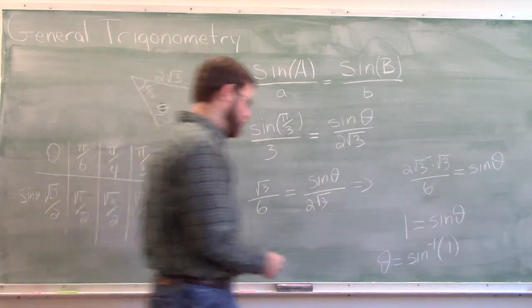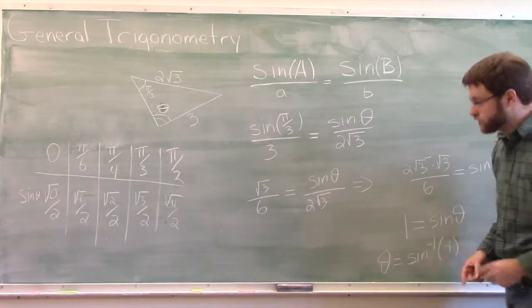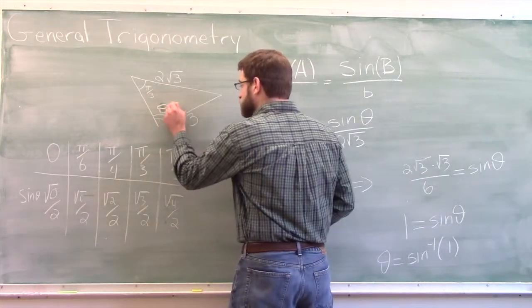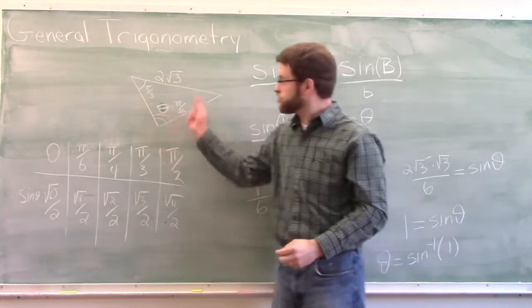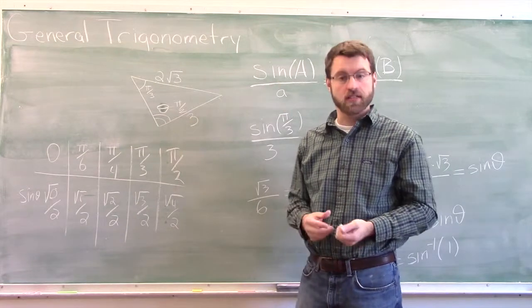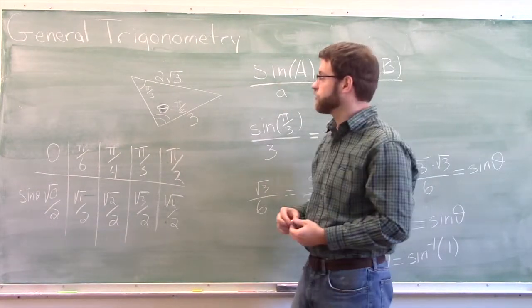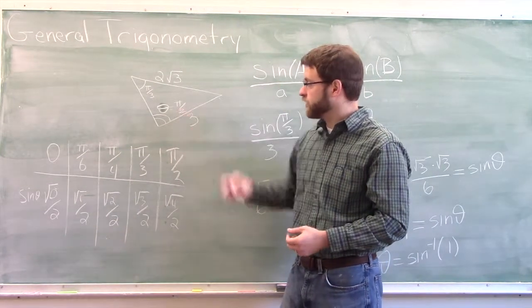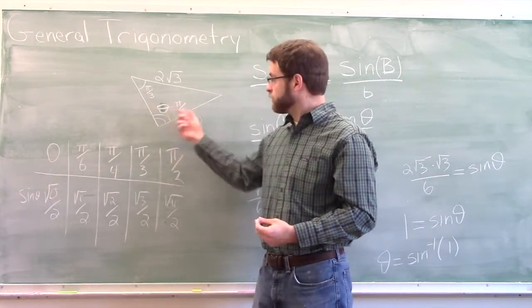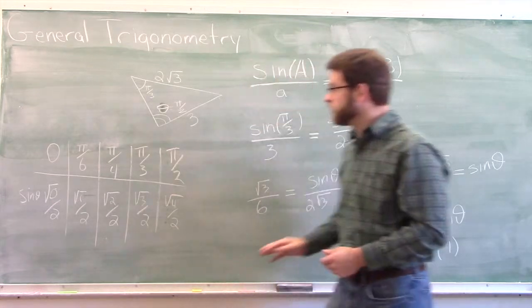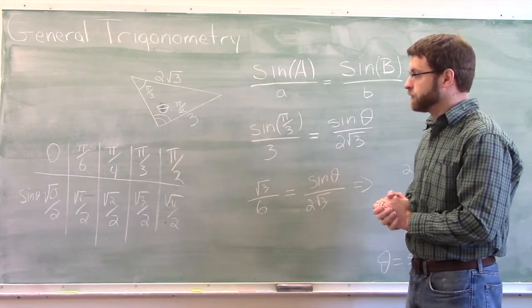So from this calculation, the solution to this equation is that theta is equal to pi over 2, which means that this triangle is actually a 30, 60, 90 triangle. It's one of the special triangles that we're familiar with. Pi over 2 radians is 90 degrees. So even though I haven't quite drawn it to scale, it turns out that this is a version of a 30, 60, 90 triangle.